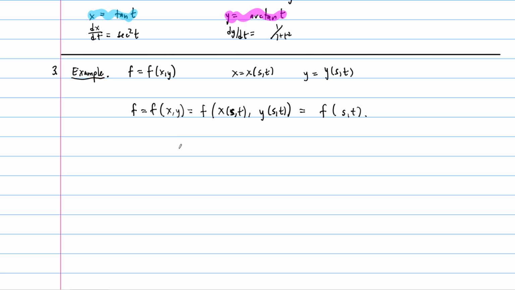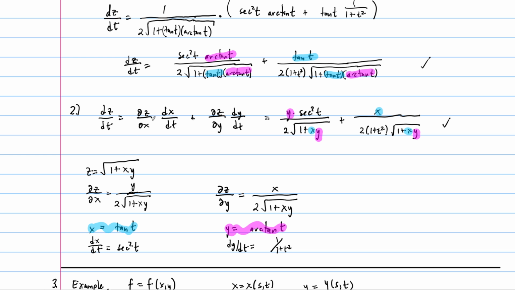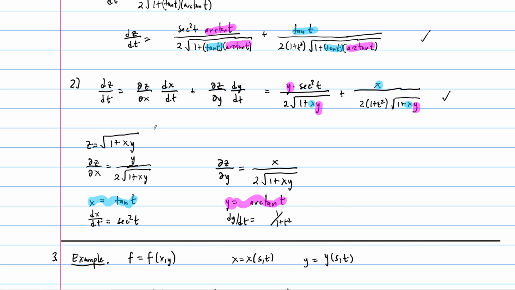What that means, though, is that we can take the partial derivatives of this function f with respect to these new independent variables, s and t. All right? And so the notation is going to change a little bit, but the idea is going to be exactly the same. And the major difference is going to be, if we look back at our formula here for the chain rule, when the component functions had only one independent variable, we got these regular derivatives of x and y, right?